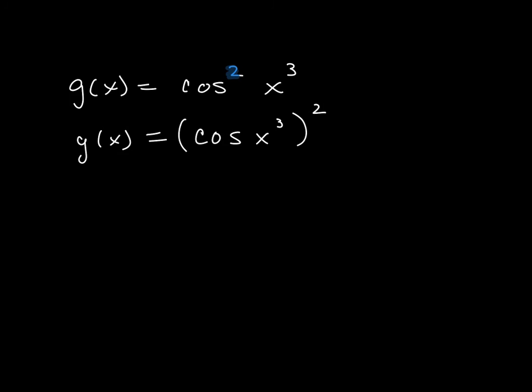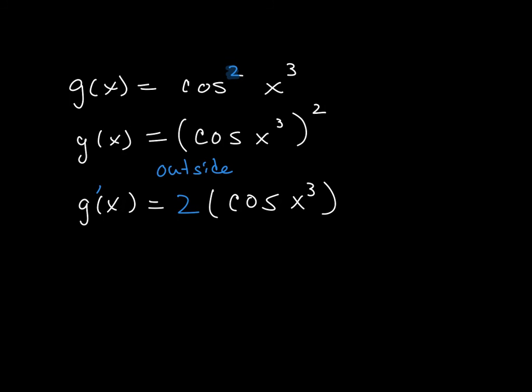So what we're doing with this is g prime of x is equal to, first take the derivative of the outside, which leaves you 2 cosine of x to the 3rd to the 1st power. Now I want to multiply that times the derivative of everything that is on the inside here.